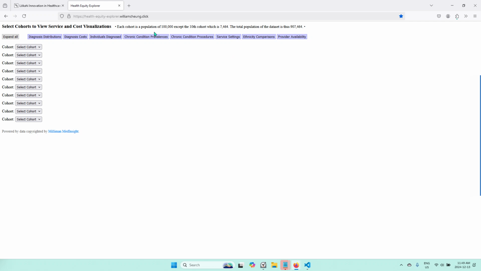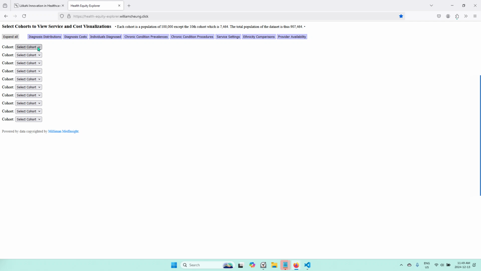So what I did was I split up that data set into 10 groups, or I call them cohorts, with the first nine cohorts having the records for 100,000 members each, and the last cohort, the 10th, having the remaining data for the 7,000 plus members.